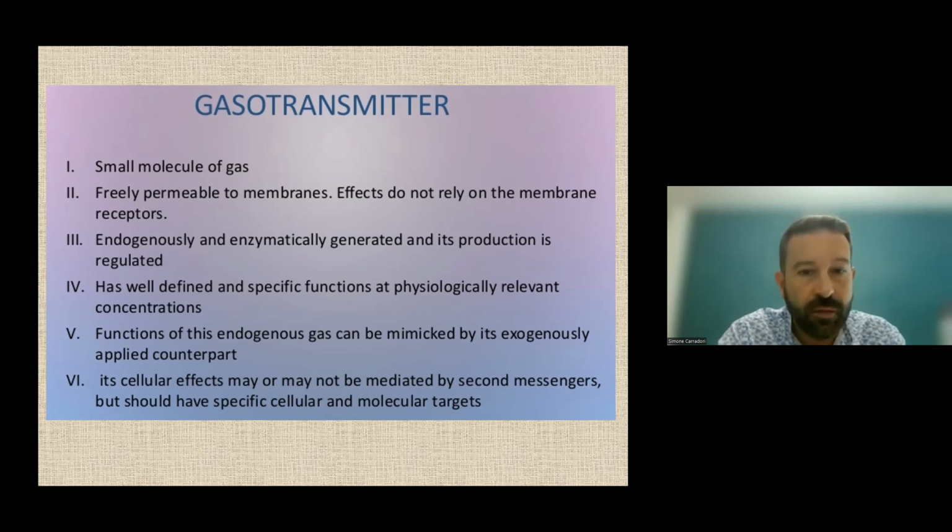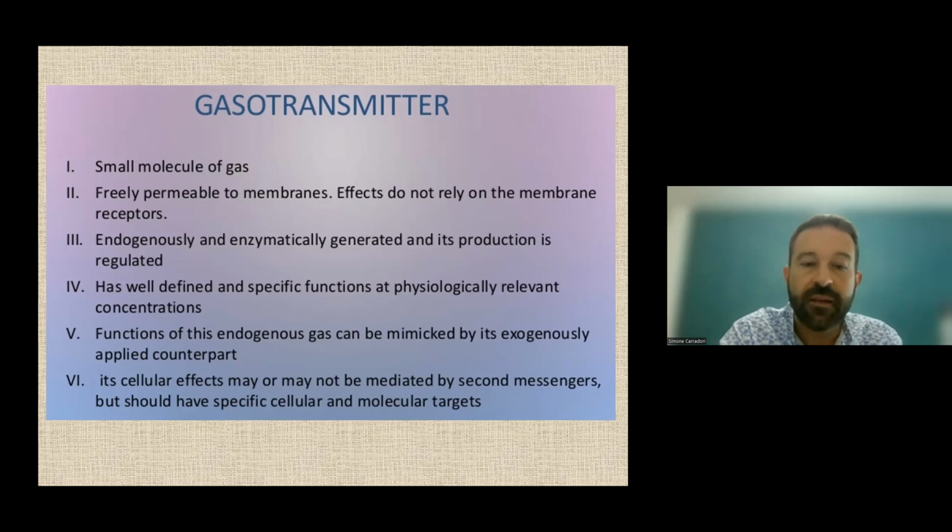In general, gasotransmitters have well-defined specific functions also at physiologically relevant concentrations, and their function can also be mimicked by other molecules which can deliver these gasotransmitters instead of the direct administration of these gases.